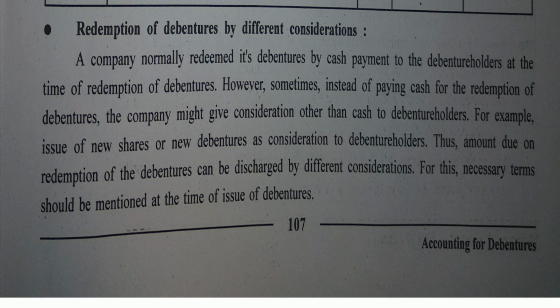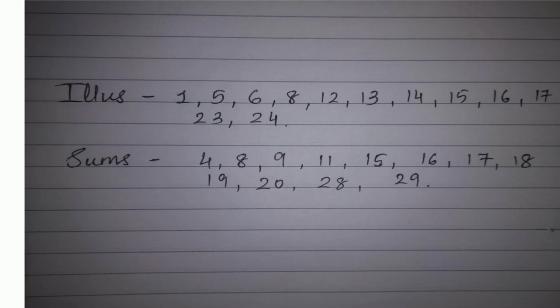The company might also give new debentures instead of cash. So different options are given by the company, and it depends upon the choice of debenture holders. An illustration for the same topic is given on page number 108 that I have taught you. And sum number 29 is also of a similar kind.